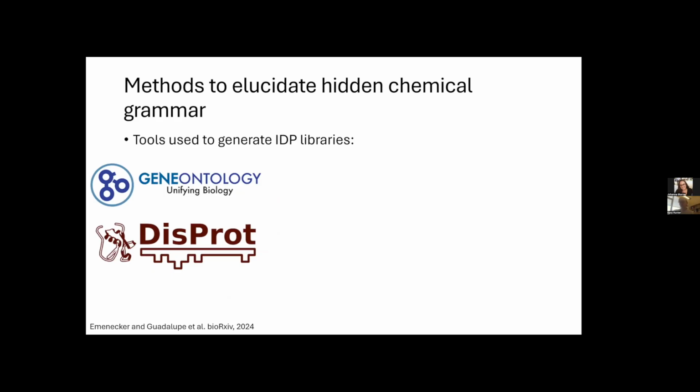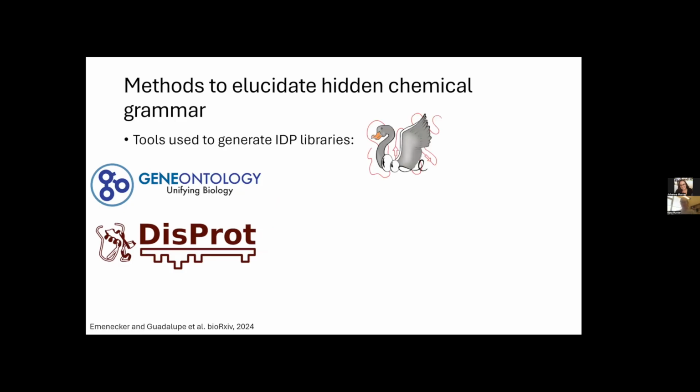There are gene ontology terms where you can have a specific function that you want to screen, or you can look at Disprot. These are databases that you can use to create these massive files. And we want to elucidate this hidden chemical grammar.